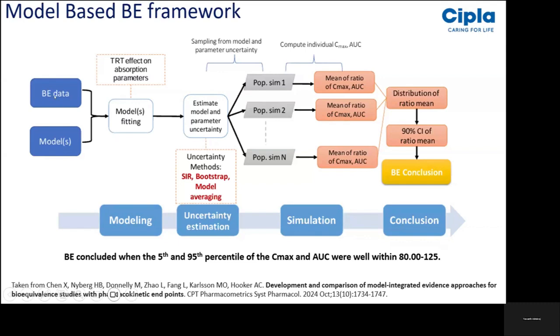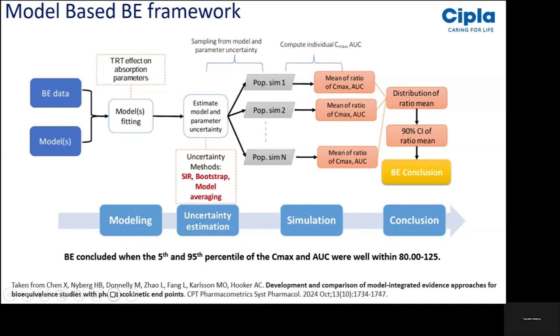First of all, the BE data need to be modeled, and with the fitted model, the treatment effect is estimated on absorption parameters such as Ka and bioavailability. Further, the uncertainty needs to be estimated using the methodologies outlined in the paper, like SIR, bootstrap, or model averaging.